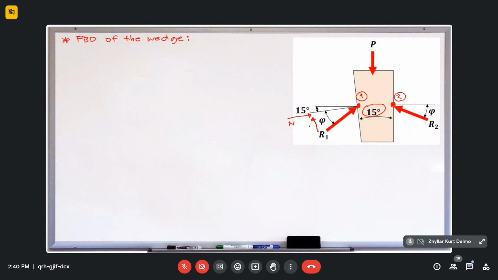The reason why it is upward is that it resists the wall, so the wall resists the downward impending motion of our wedge. Then this 15 degrees is the angle of inclination, due to the wedge angle. If you resolve the angles, this one is 15 degrees. Then we have angle phi, our angle of friction, that is the angle between the normal axis or our normal force and the reaction force R1.